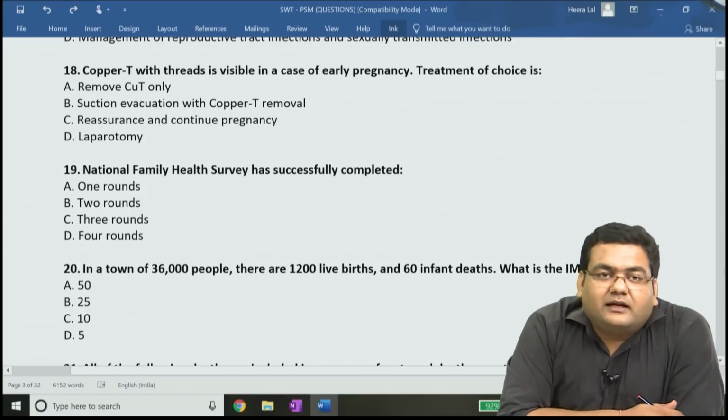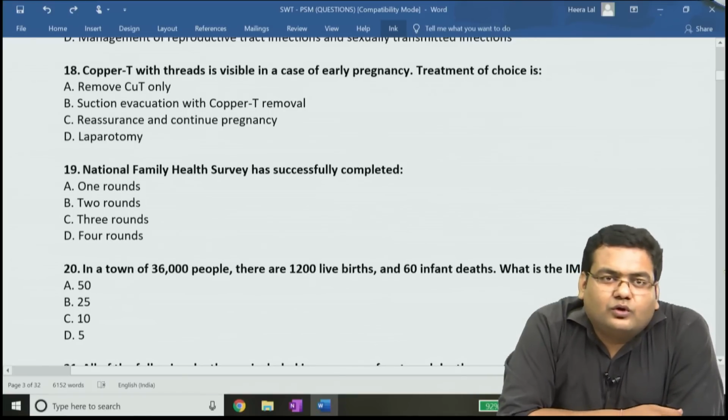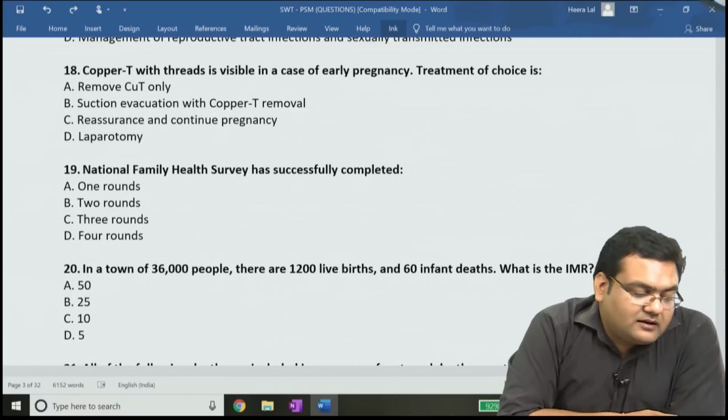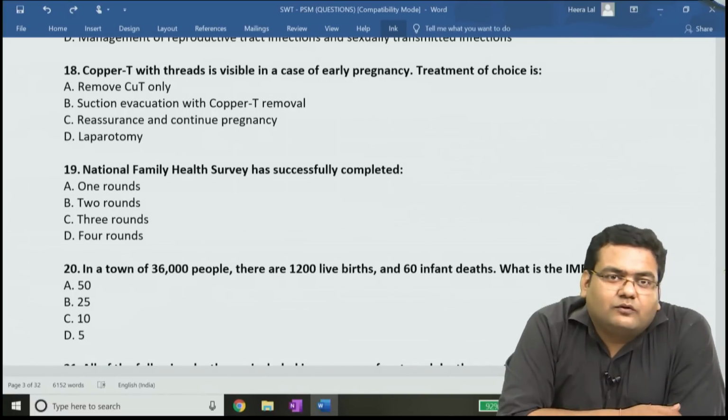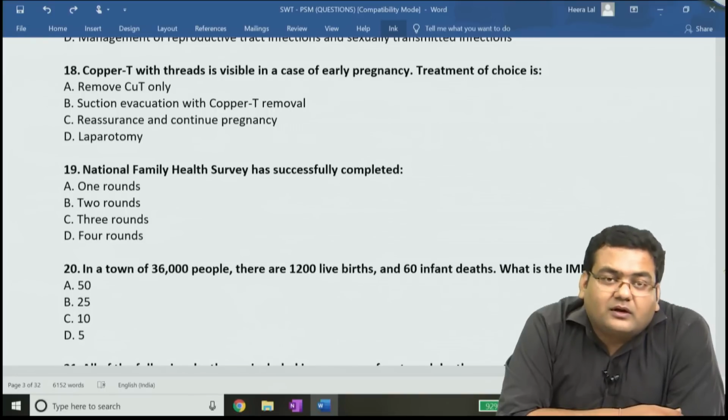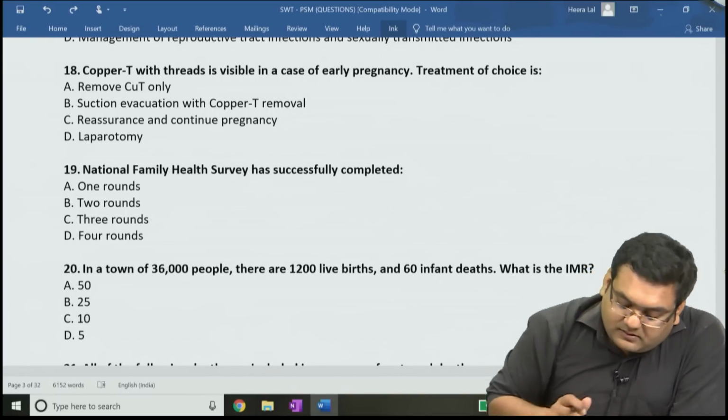Question number 18 pertains to copper T thread is visible in case of early pregnancy. What is the treatment of choice? The correct answer here is option A, that is remove copper T only. Friends, remember the question is asking for early pregnancy.